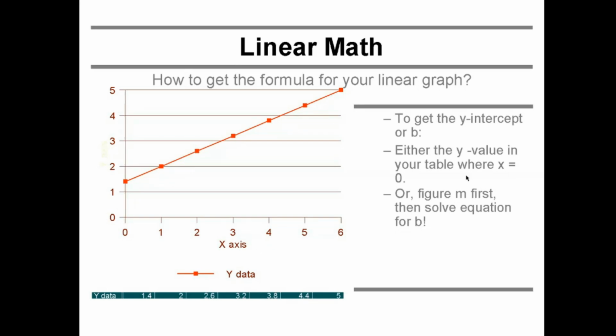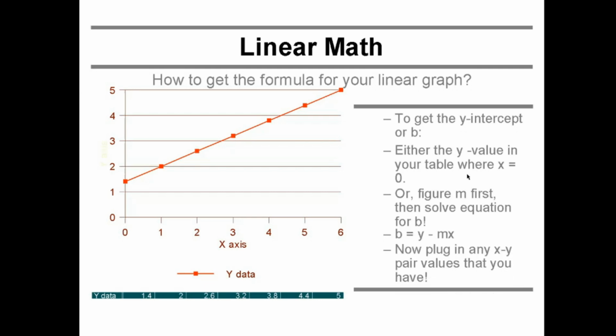What do I mean by this one? Well, I had the equation y equals mx plus b. Now you need to solve the equation for b, so that b is all by its lonely self on one side of the equal sign and all the other symbols on the other side, and that becomes b equals y minus mx.